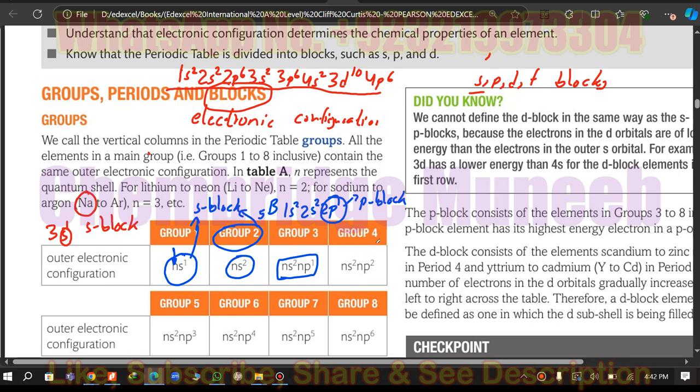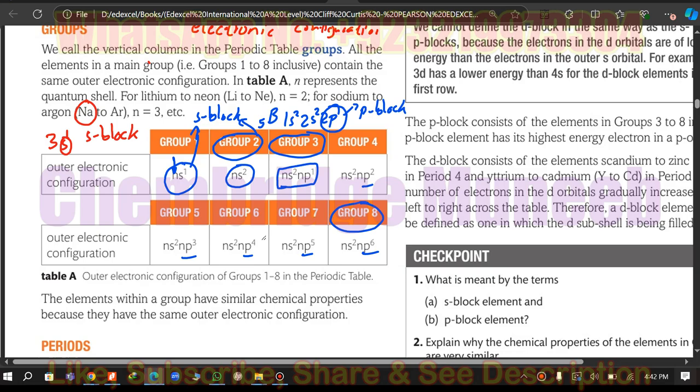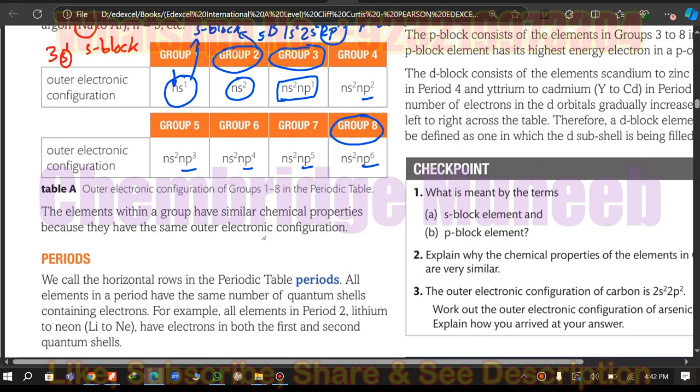The next groups also terminate at the p subshell. So all the elements from group 3 to group 8 end at the p subshell, and they all belong to the p block. Is it clear?